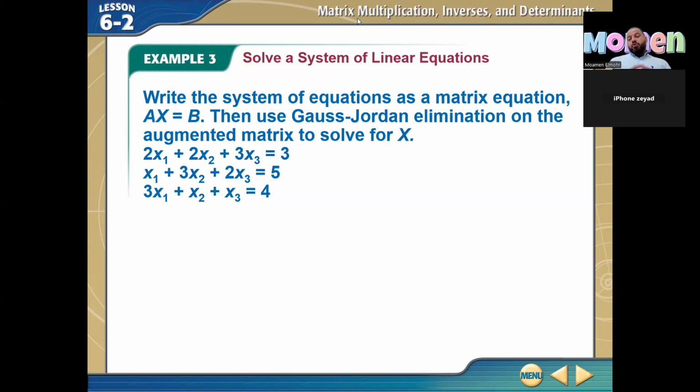Algebraically, we have the elimination or substitution method, or we can use graphically, which means to draw the system of equations, and the point of intersection will be your answer. But we will use Gauss-Jordan elimination to get the augmented matrix to solve the system.